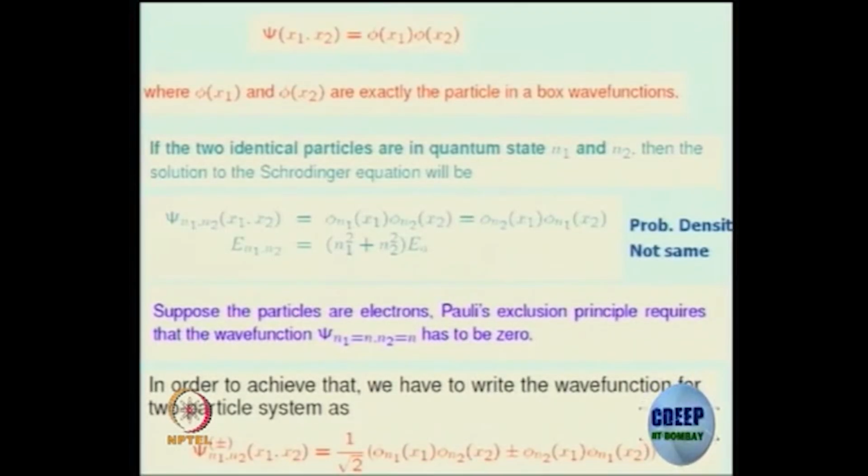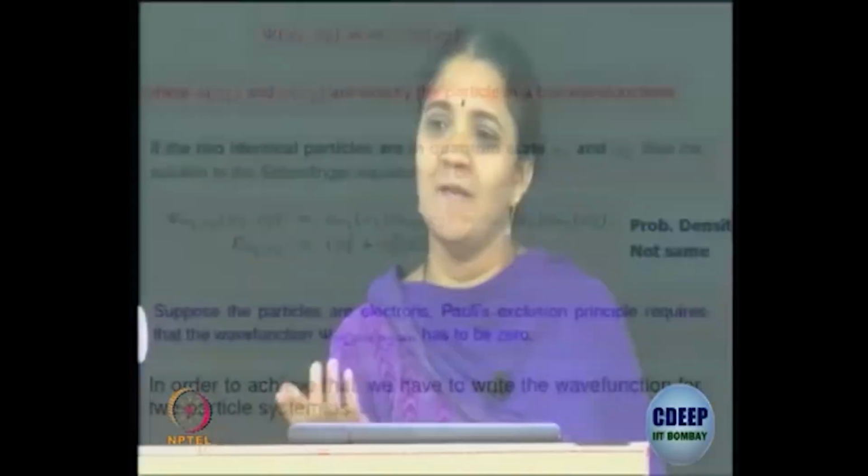These are like the odd functions and even functions which you are studying, where you took x to minus x. Here I am saying exchange the first particle and the second particle. Under exchange, the wave function is antisymmetric for electrons and symmetric for bosons.